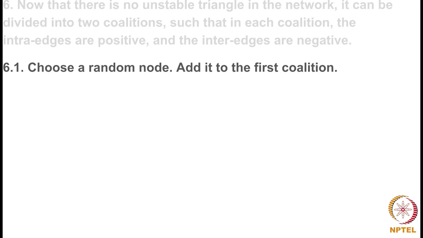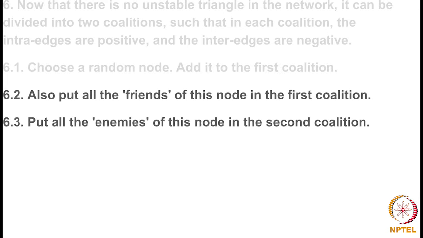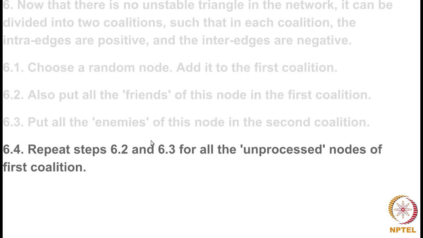That is, we'll look at their neighbors, add the friends to the first group, and add the enemies to the second group. So we'll keep taking all the nodes from the first group which we have added. If they have not been processed, we're going to repeat this process. We'll put all the friends in the first group, all the enemies in the second group, and we'll keep repeating this process until we have processed all the nodes in the first group.